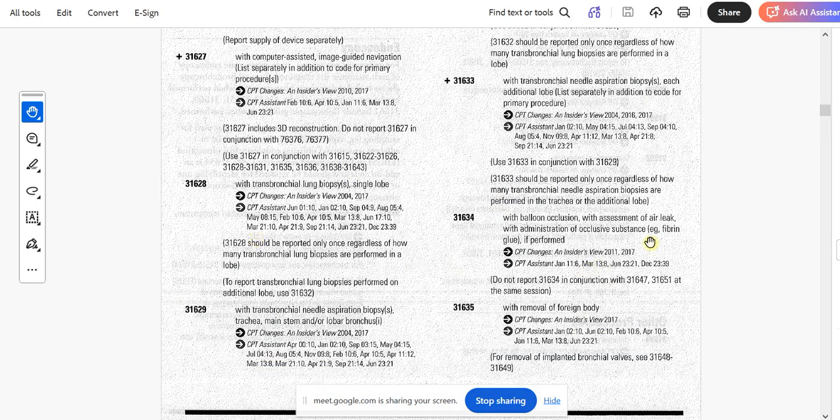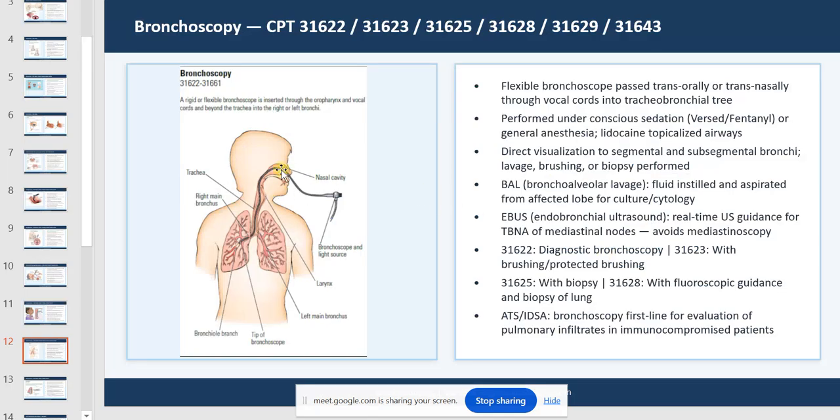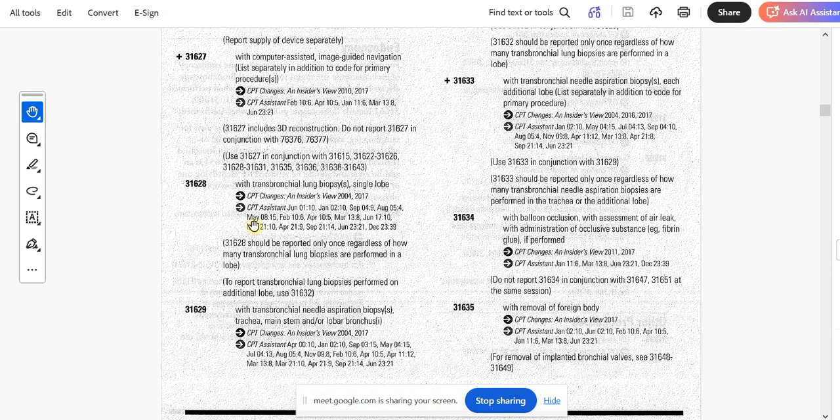For what? Air leak. The air is going in during the process of breathing, but air is going outside because there is a rupture. That's when the surgeon tries to close the leakage with the help of a balloon.